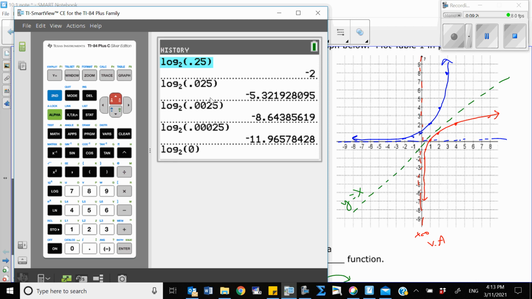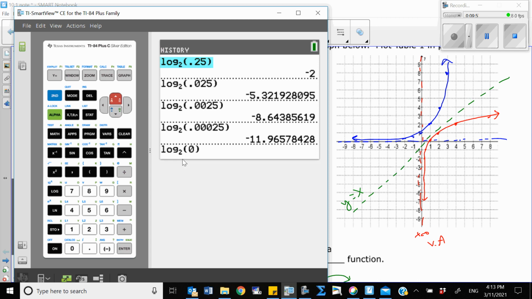Then 0.0025, now my y is -8. And if I use another smaller x value, 0.00025, this time my y is -11. So I see that as I get closer to 0, my y is getting closer to negative infinity.